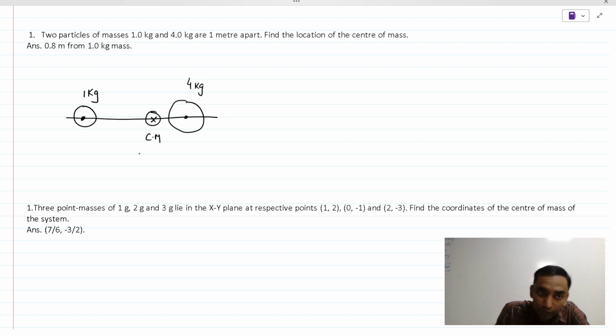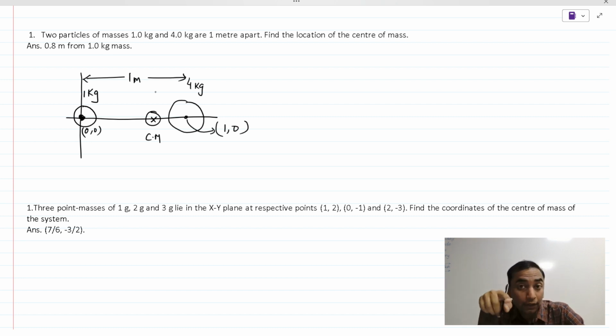Since the coordinates are not given, for easiness I consider the center of the first sphere to be at the origin, 0, 0. The other sphere would be at 1, 0, because the distance between both of them is 1 meter.